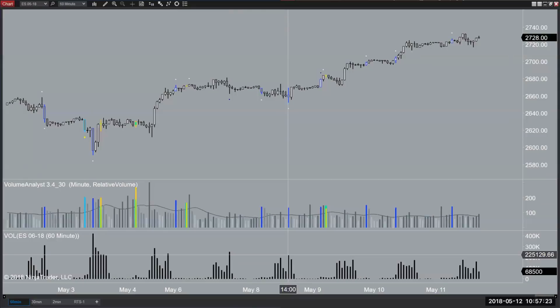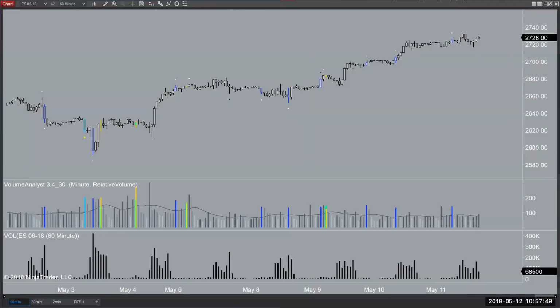To be able to do that efficiently, with as little strain on the CPU as possible, was basically impossible for Ninja 7. So now that we're on Ninja 8 and we have everything starting to port over, we were able to implement this relative volume calculation on non-time-based charts as well.